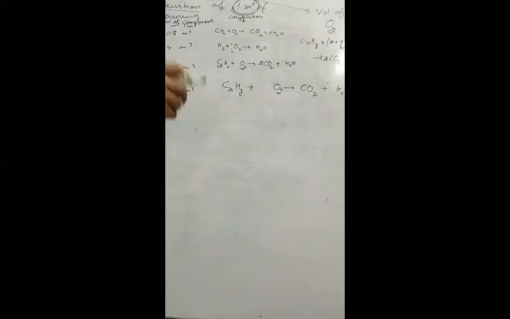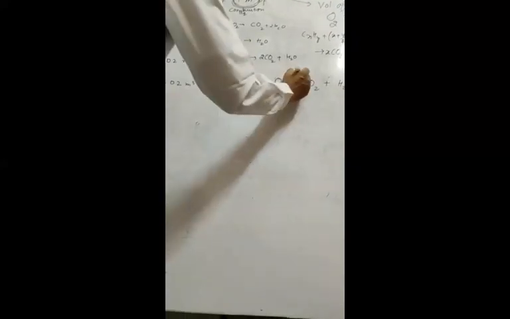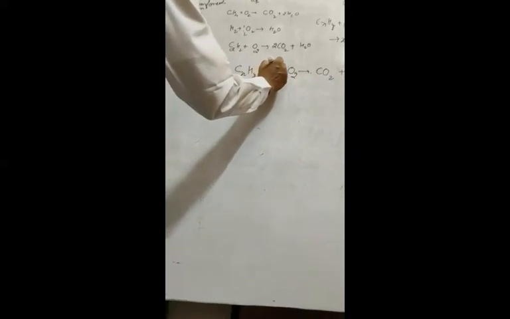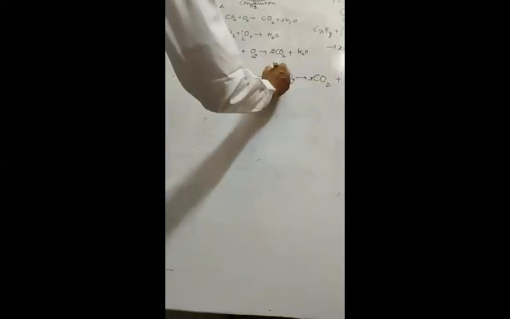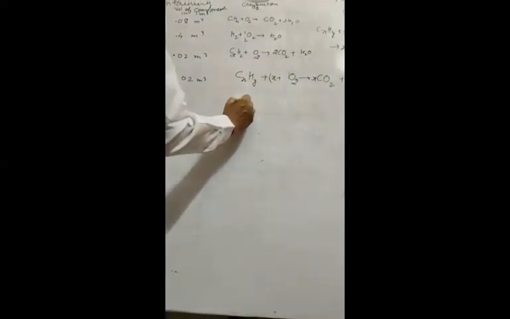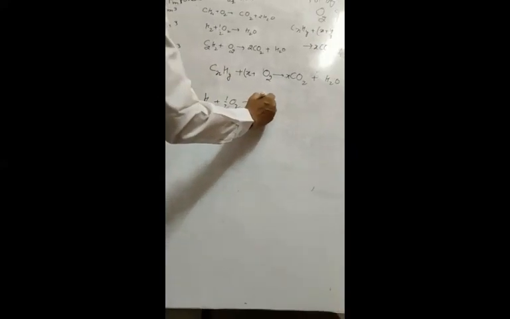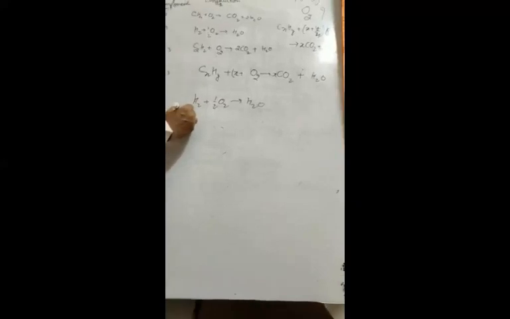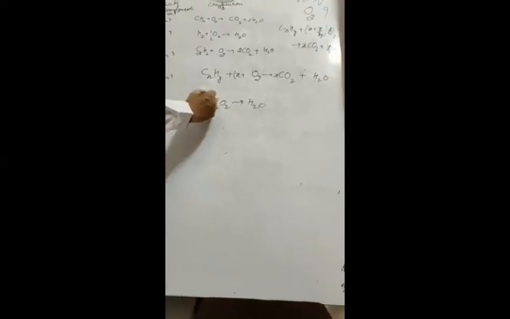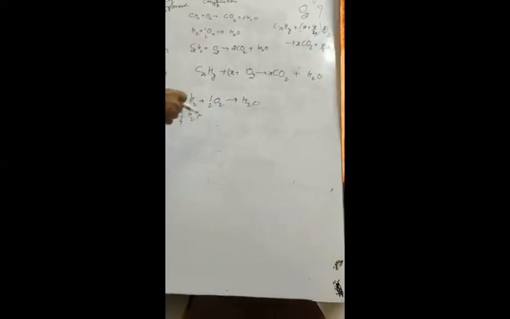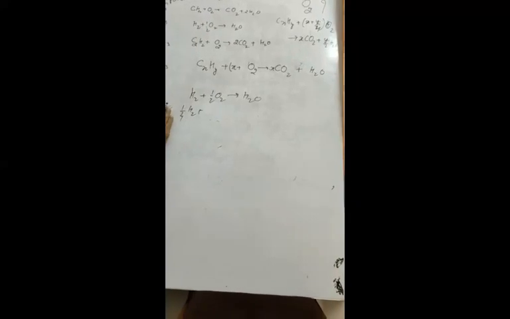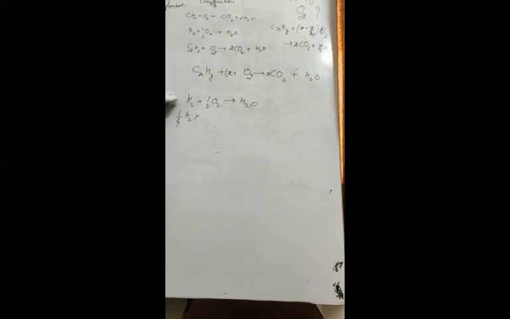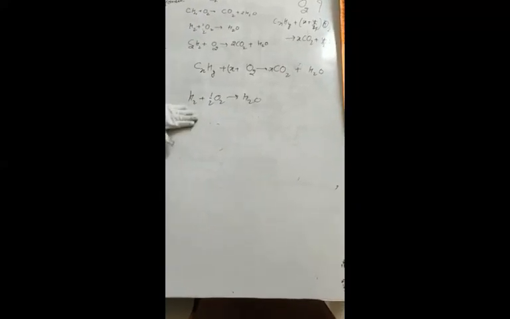For methane, it consumes this many molecules of oxygen, and when we use hydrogen, H2 plus half O2 gives H2O. For one atom, it was 1 by 4 of H2, so you are dividing by this one, and by using this equation you consider it for one atom.